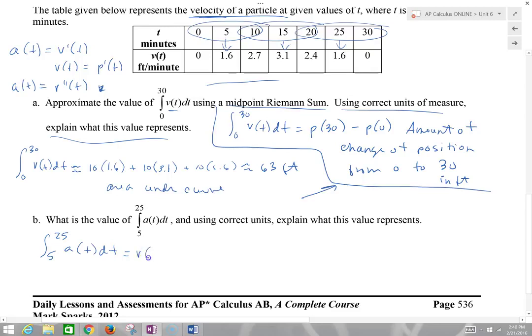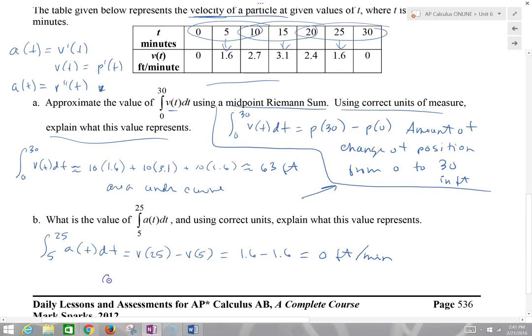So we get v of 25, fundamental theorem of calculus, and v of 5, which we can get right from our table. So v of 25 is 1.6, and we subtract v of 5, which is 1.6, which we get 0 feet per minute.